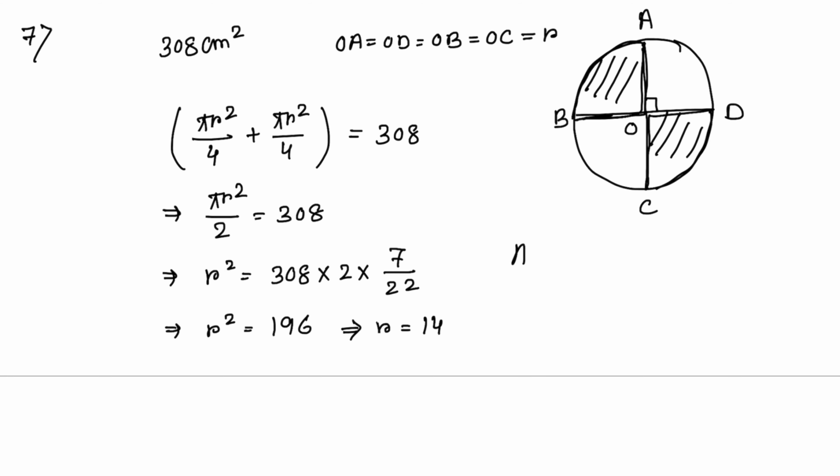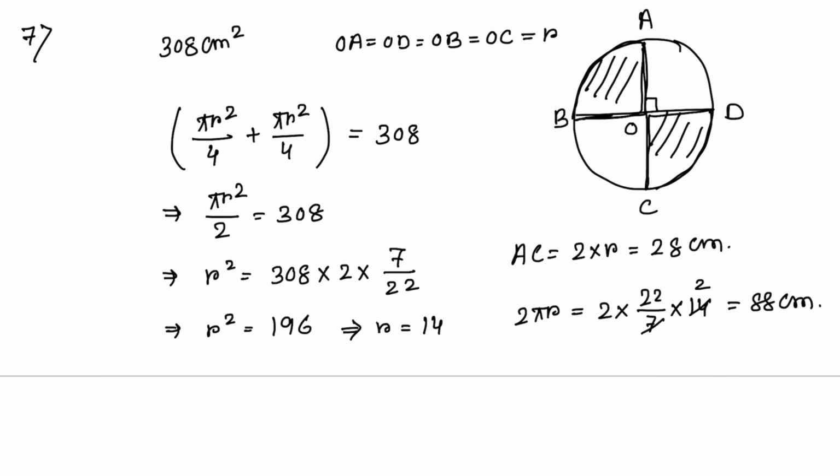That means AC equals 2 into r, so that equals 28 centimeter as your first answer. Next, you have to find the circumference. Circumference means 2 pi r, that means 2 into 22 by 7 into 14, so 7 twos, that equals 88 centimeter as your second answer.